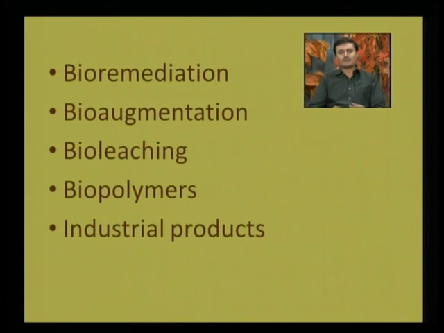We can also produce biopolymers with genetically modified microorganisms. Industrial products include ethanol, enzymes, and organic acids like citric acid. All these products can be produced with the help of genetically modified microorganisms.